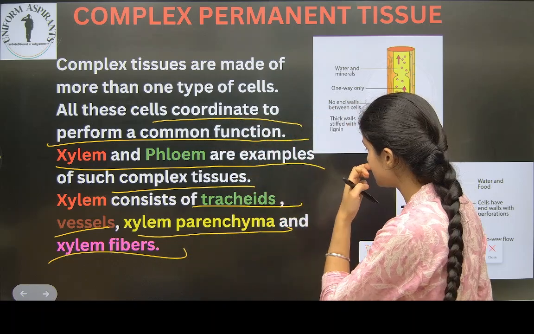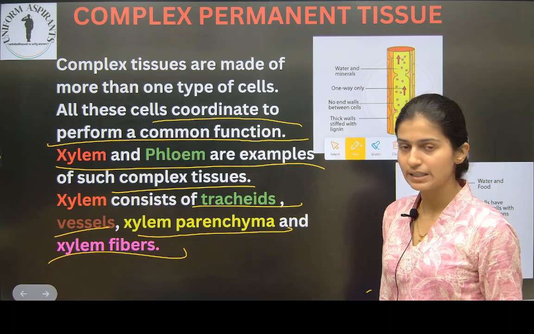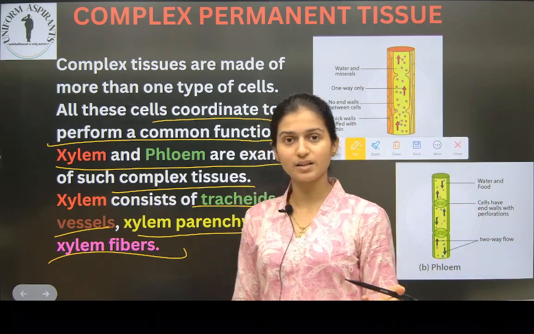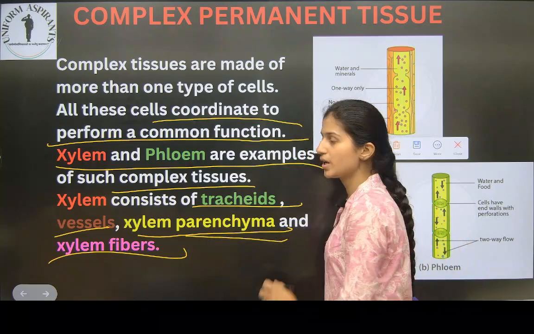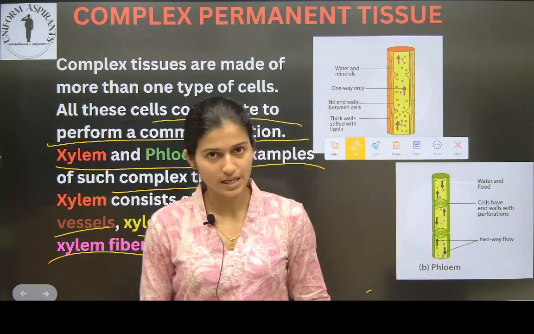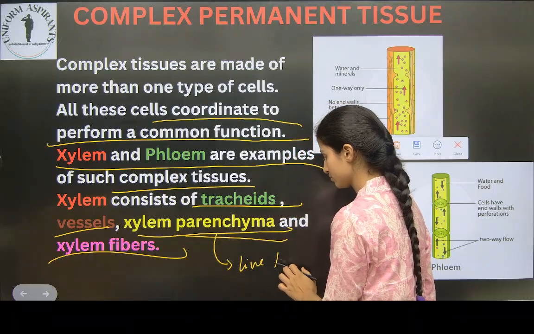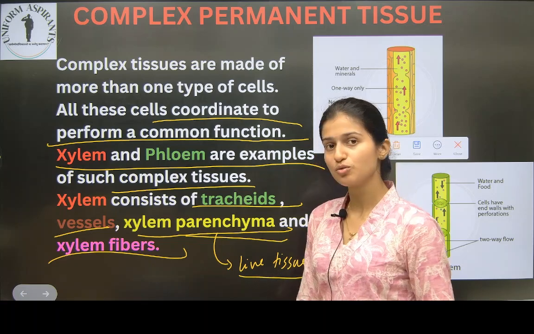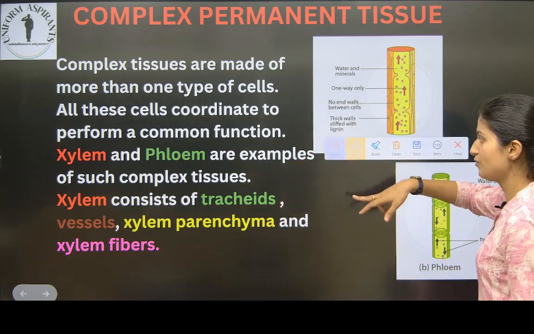Earlier in simple permanent tissue, we saw that parenchyma is a live tissue, made up of live cells. So this xylem parenchyma will also be live. Now we will see which are dead and which are live and what their function is.